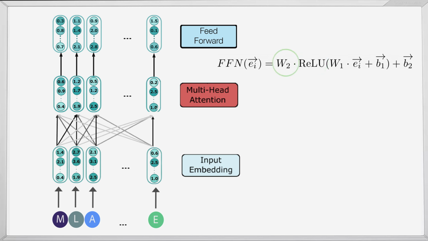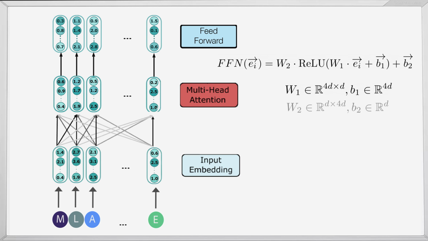Then we apply another matrix multiplication to the resulting vector with the matrix W_2, and we add another vector b_2. We apply the same function to all embeddings separately. Typically, the matrix W_1 has the dimension 4d times d, which means that we map our d-dimensional vector to a vector of 4 times this dimension.